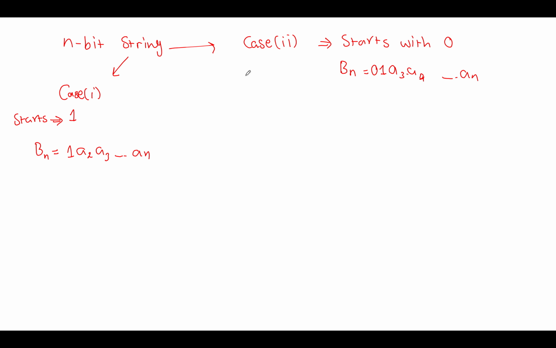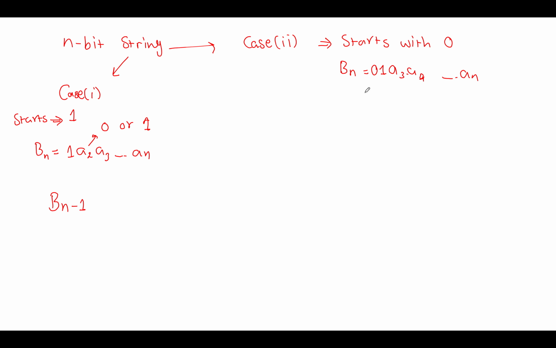So for case 1, where the bit string starts with 1, a2 can be either 0 or 1, which is fine. I can use either 0 or 1. So from here we can see that the value depends on the value of the first one.